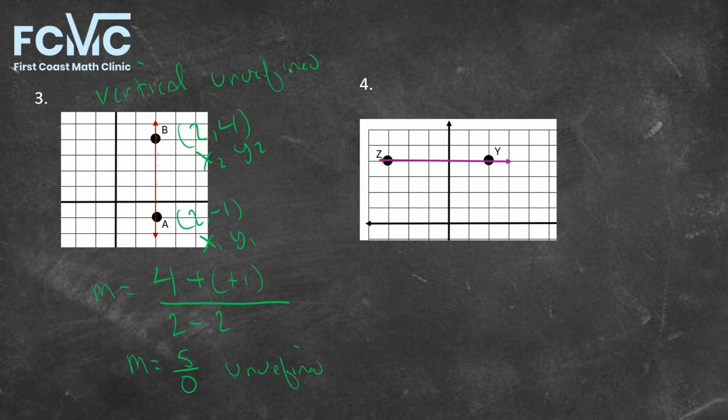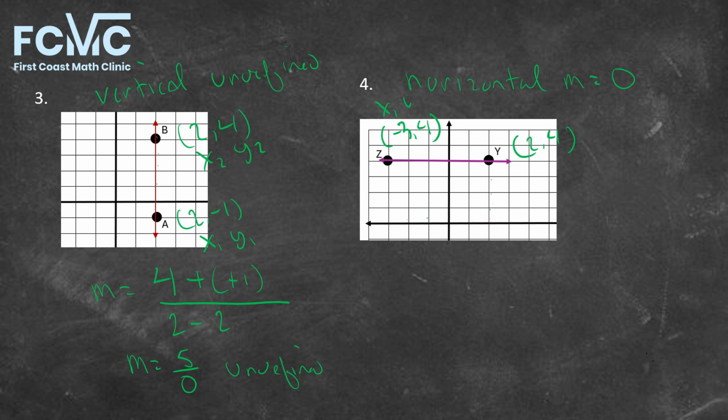And then number 4, we have a horizontal line. So from our previous examples, we know that this slope should be 0. Let's prove that and justify our answer there. So our point Y is 2, 4, and our point Z is -3, 4. So let's find our slope.